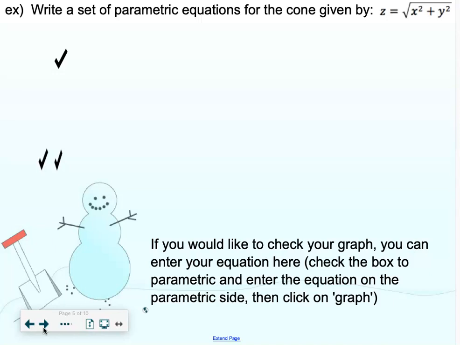But for this, suppose we had to write an R of u comma v for this cone right here. So see if you can come up with any R of u comma v that would produce this cone. It can be anything at all. It's easier than you think. You don't have to do it with trig. You can just do it straight up with u's and v's.